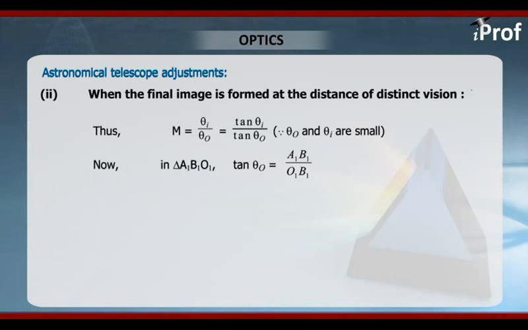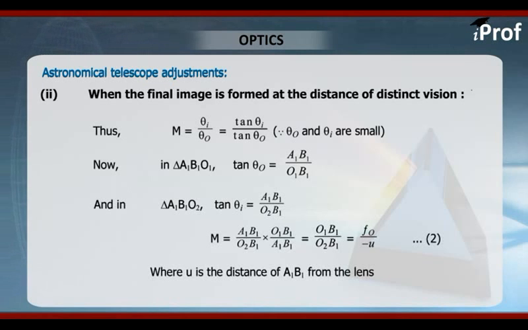So we can write the expression for M, capital M will be equal to theta I over theta naught, which will be equal to tan theta I over tan theta naught. Now in triangle A1 B1 O, tan theta naught is A1 B1 over O1 B1, and similarly in triangle A1 B1 O2, tan theta I will be A1 B1 over O2 B1.